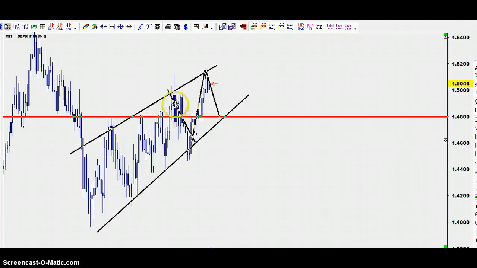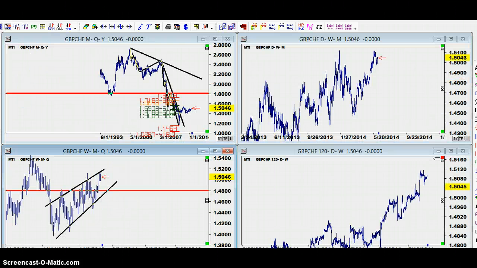Does that make sense? We have a bearish candlestick formation. We're currently having a test of that bearish candlestick formation, which says we're expecting this market to, in the short term, head down, long term head down.